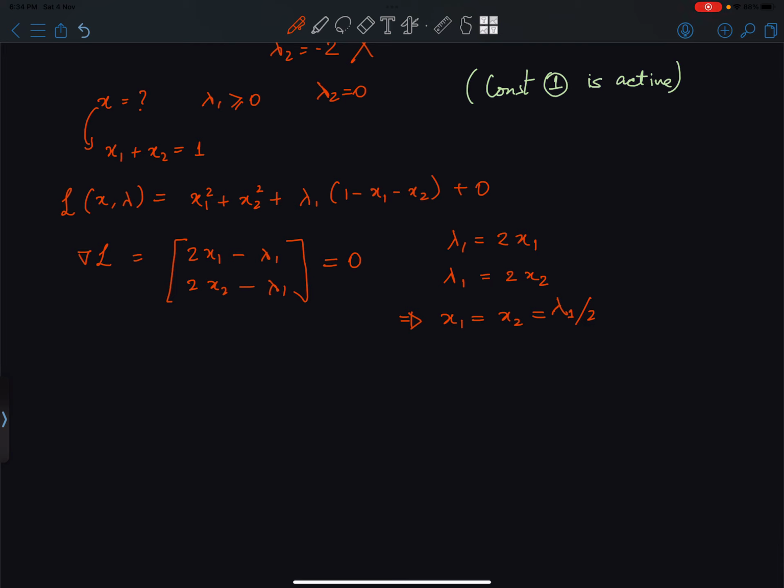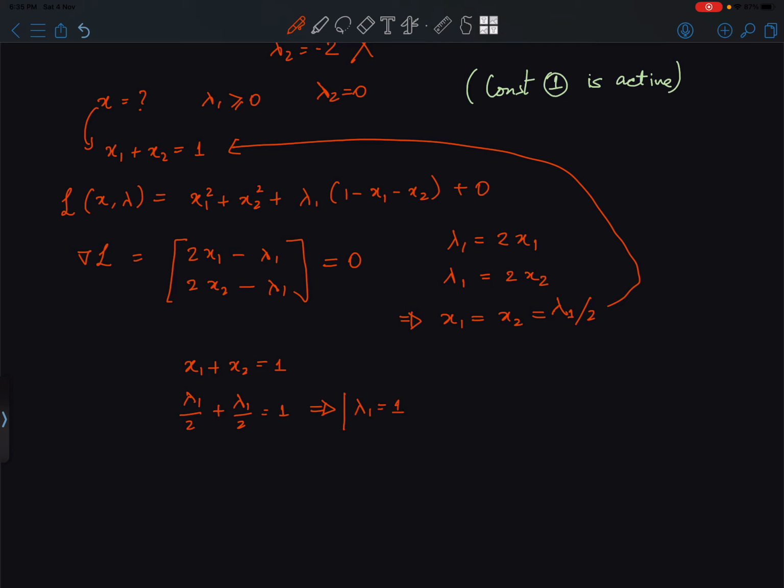Then let's plug in this value. x1 plus x2 equals 1, then lambda 1 by 2 plus lambda 1 by 2 equals 1. This implies lambda 1 is 1.